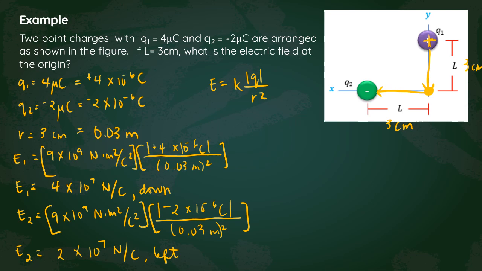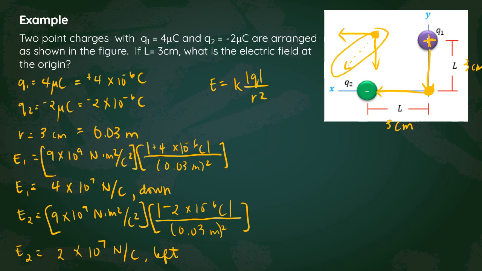So if we illustrate that, if we put a charged particle at that point, there will be an electric field going down and going to the left. And remembering your lessons on vectors, if we have a field that is directed downward and one directed leftward, we can solve for the resultant, or the vector sum, of the electric fields at this point.